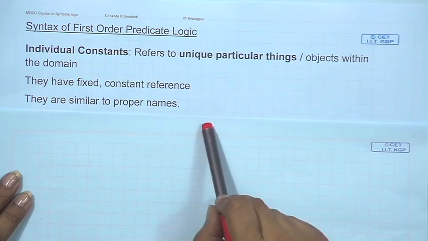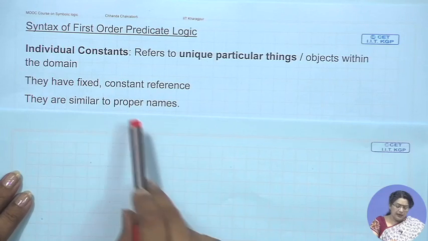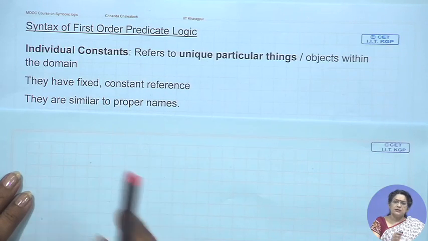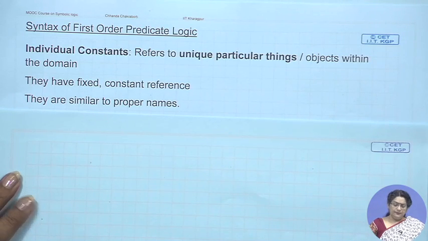So, similarly, think of the individual constants as proper names of things in the domain where you are working. So, individual constants are going to have a fixed constant reference tied up to some particular thing in your domain.